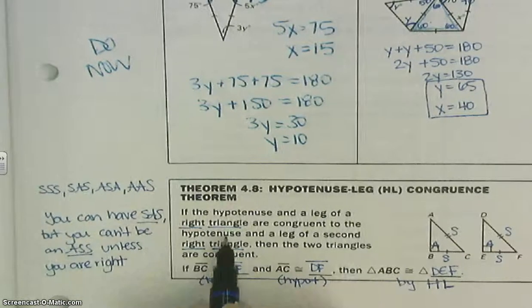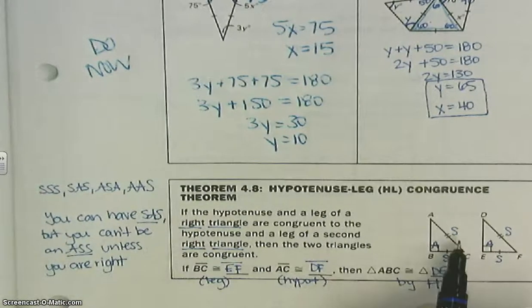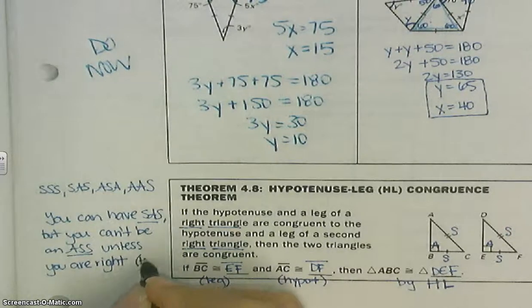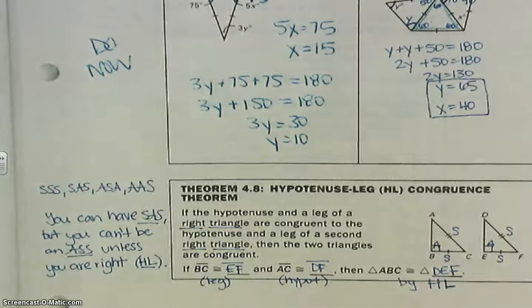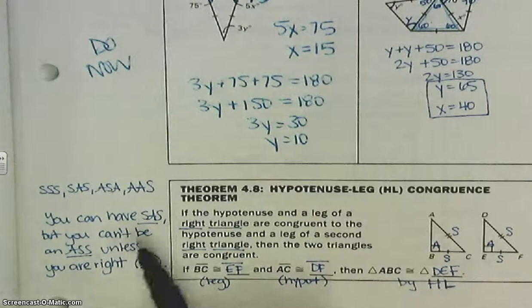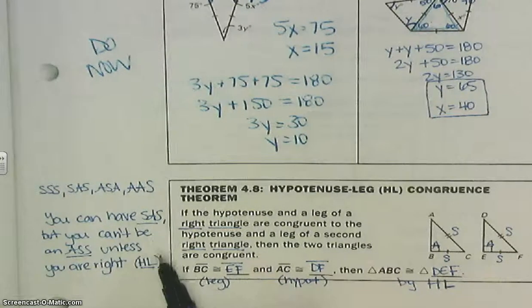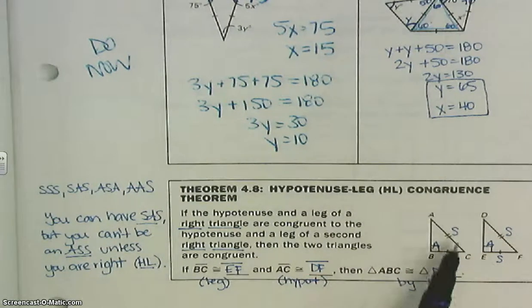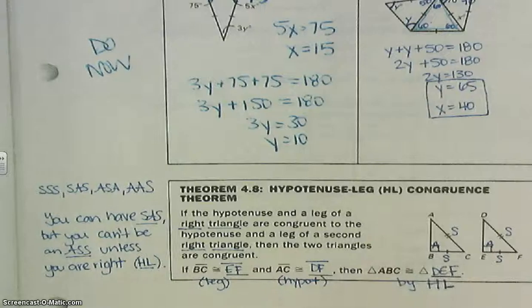All right, because right triangles can have angle side side, but we don't call it angle side side, we call it HL. So hopefully that will help you remember you can use SAS and HL. Those are your two. So you can only use ASS if it's a right triangle, but you call it HL.